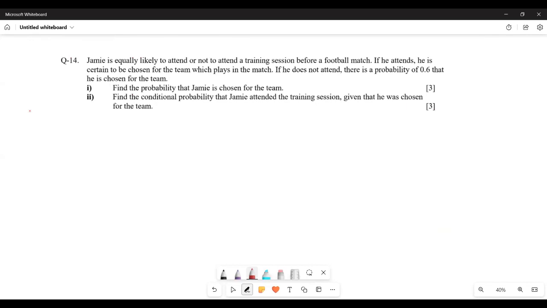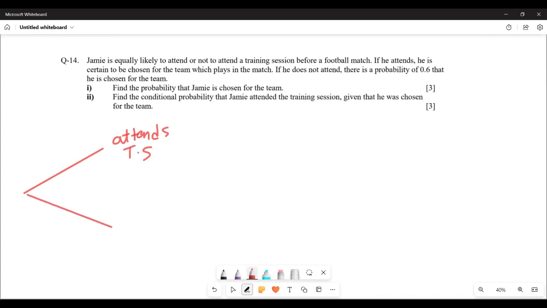Let us make a tree diagram. Jamie is equally likely to attend or not attend a training session. So attends the training session, TS, or does not attend the training session.